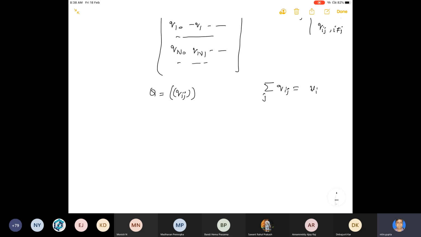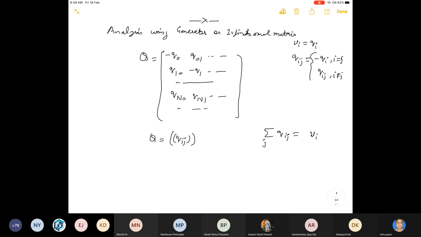That means in a row, this is nothing but Qi. So therefore, this is the sum Q00 plus Q01 plus so on.